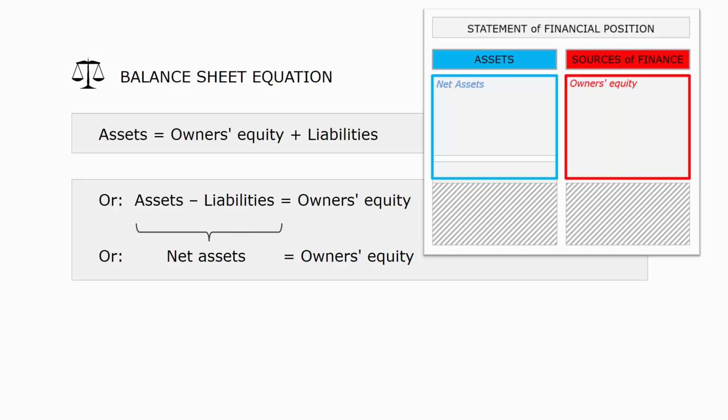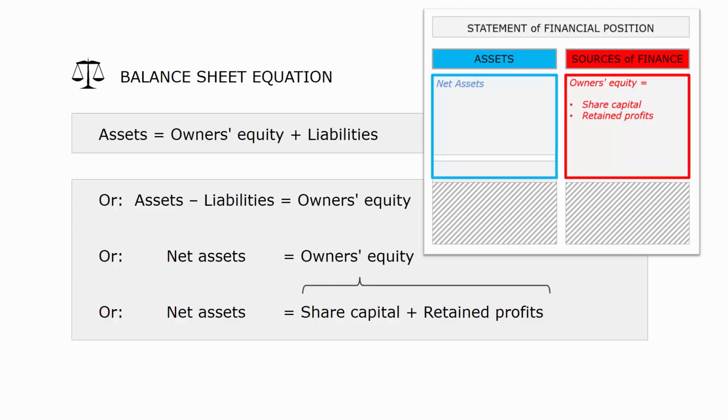As we've already seen, owner's equity comprises two basic components, share capital and retained profits. We can therefore reformulate the equation as follows. Net assets equals share capital plus retained profits.